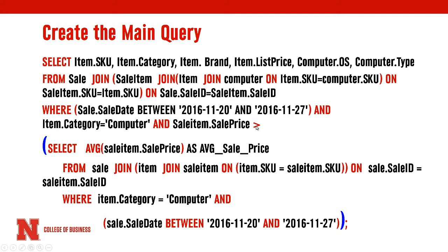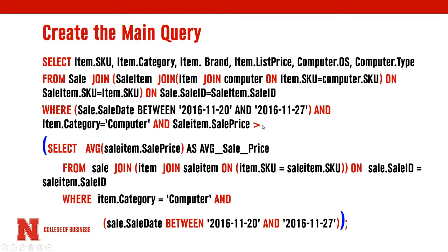This query compares the sale price to the number returned by the nested query and decides which items should be included in the result set. The nested query is processed first by the query processor, so that number returns first, and then the main query executes and compares those values one by one.